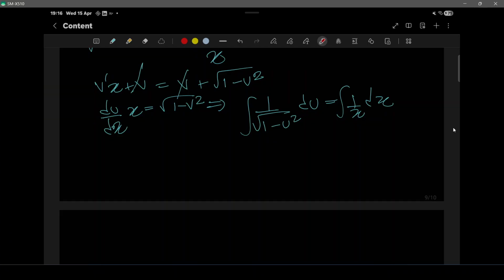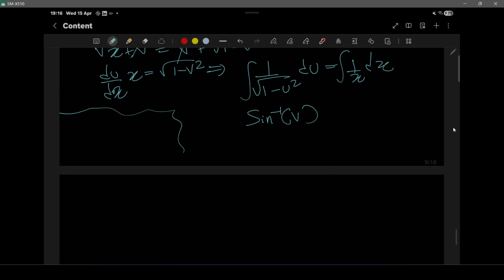If you remember, the differentiation of sine inverse x is 1 over square root of 1 minus x squared.